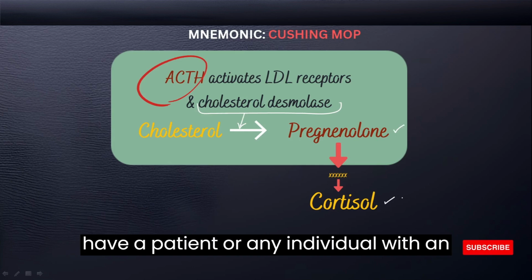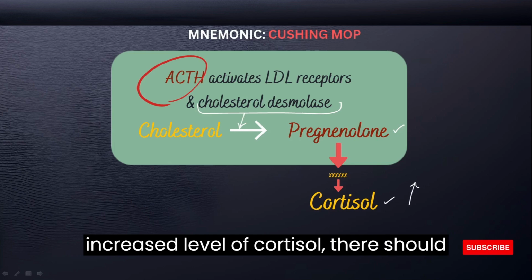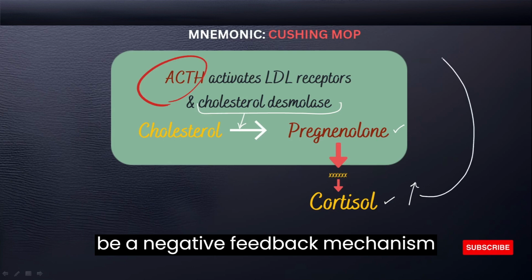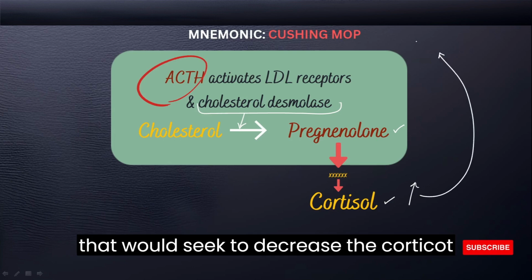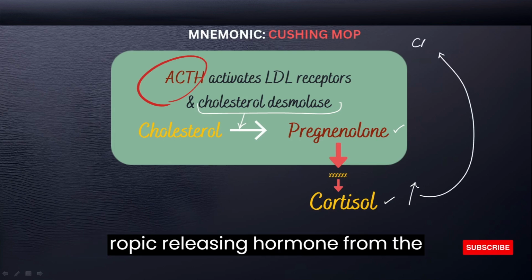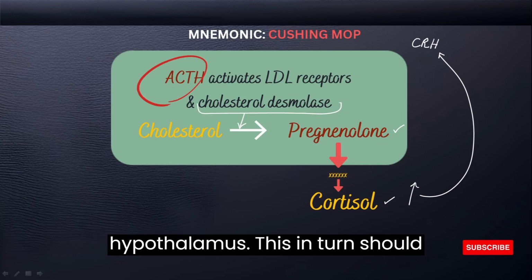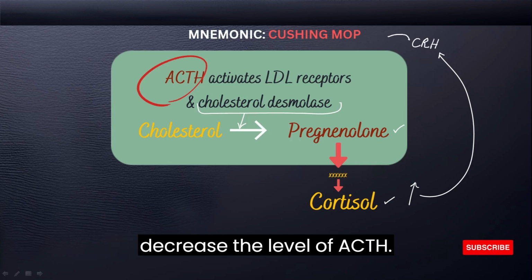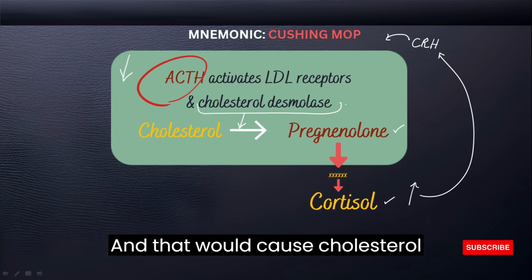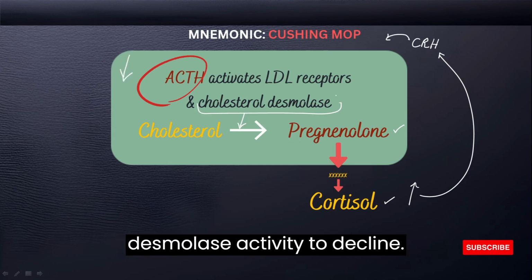Now, if we have a patient or any individual with an increased level of cortisol, there should be a negative feedback mechanism that will seek to decrease the corticotropic releasing hormone from the hypothalamus. This in turn should decrease the level of ACTH, and that will cause cholesterol desmolase activity to decline.